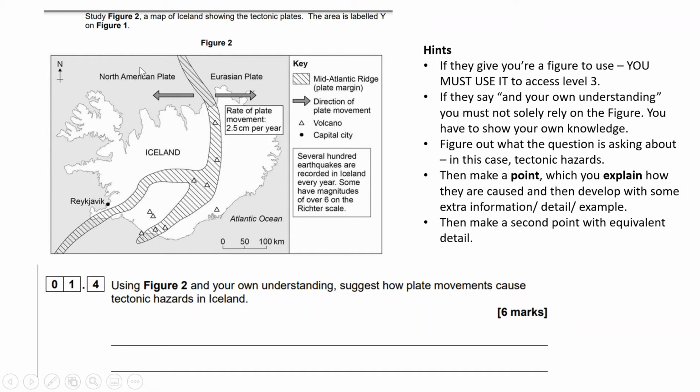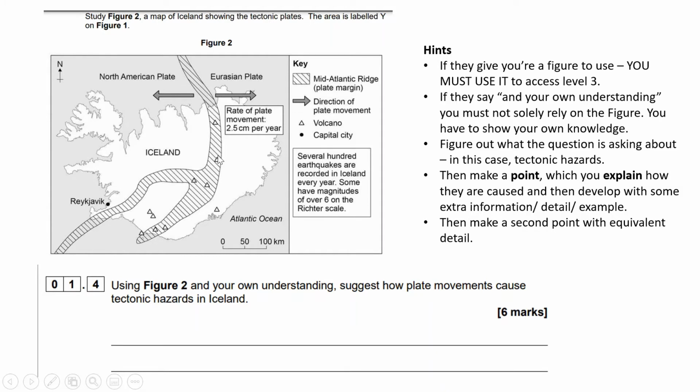Then you can use the plate names that are given from the figure. You can talk about the rate of movement from the figure, and you can also talk about the distribution of these volcanoes from the figure. So that's great. That's lots of your own understanding and information from the figure.